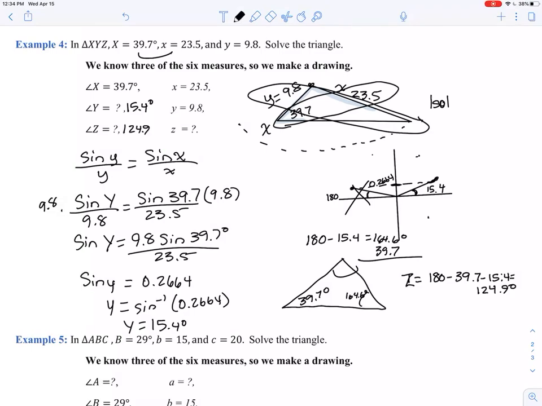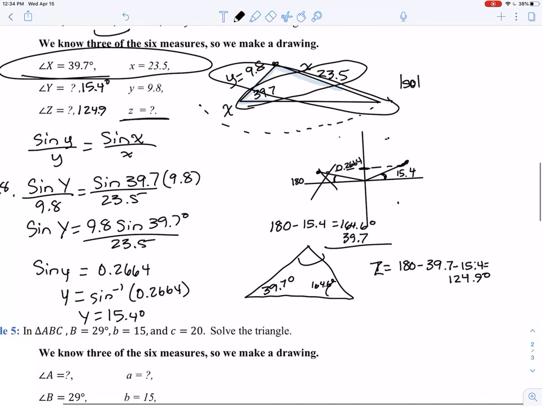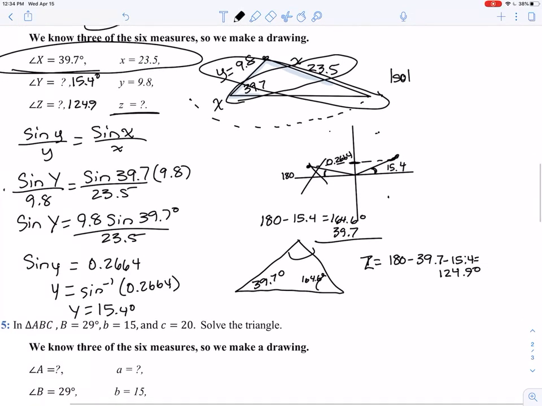Now the only thing that we have left to do is solve for side Z. And again, I would go back and use this information here. Now this time we're looking for a side. So we're going to do side Z over sine of Z, which is 124.9, is equal to side X, 23.5, over sine of X, so sine of 39.7 degrees.